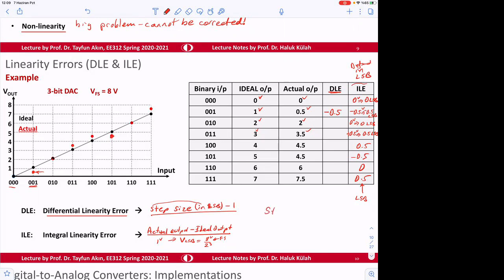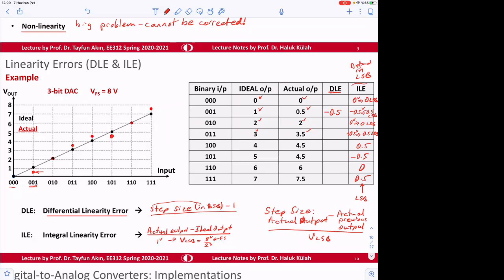Step size is the actual output minus the actual previous output, divided by VLSB.